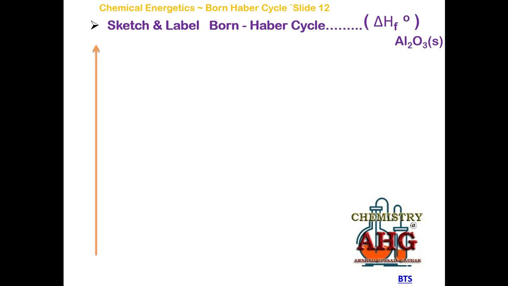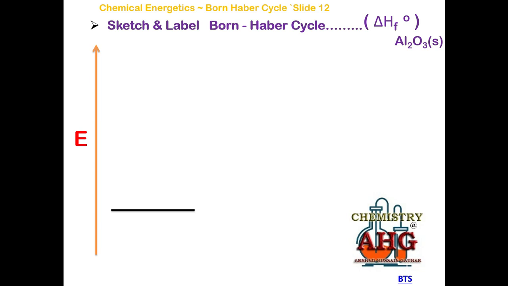Okay, let's start. How do we start sketching the Born-Haber cycle? First of all, we draw a line, an arrow directed upward. This arrow represents the level of energy. That energy is increasing in the upward direction. Close to the lower end, you will place a horizontal line. This horizontal line is used to place the reactants from which the given compound is produced.